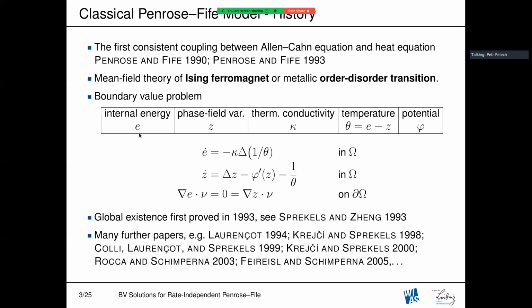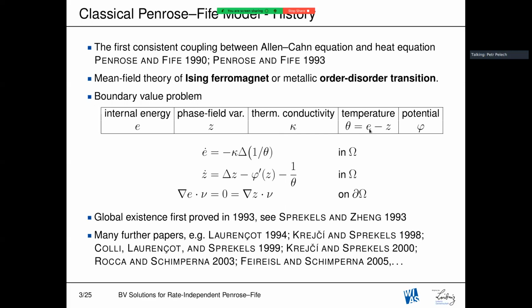The unknowns are the internal energy and the phase field, and in the system, kappa stands for thermal conductivity, and temperature here introduces the coupling for a very special choice of entropy, the logarithmic entropy. This is more or less the temperature.